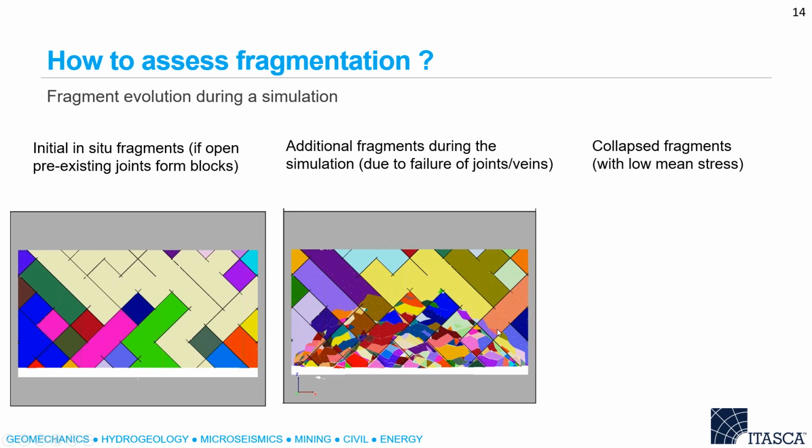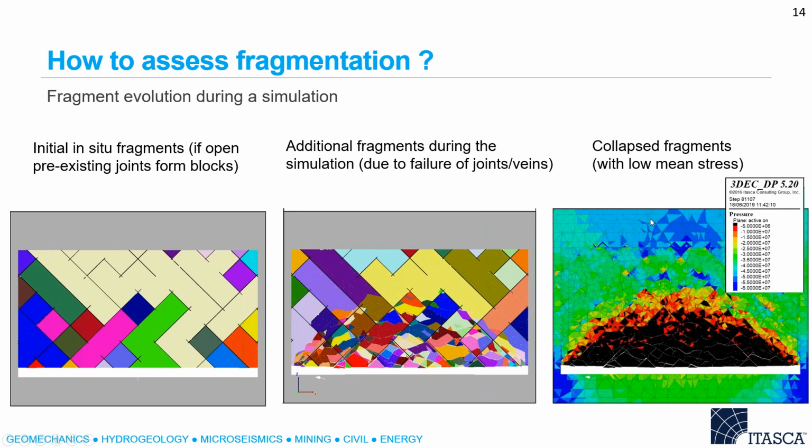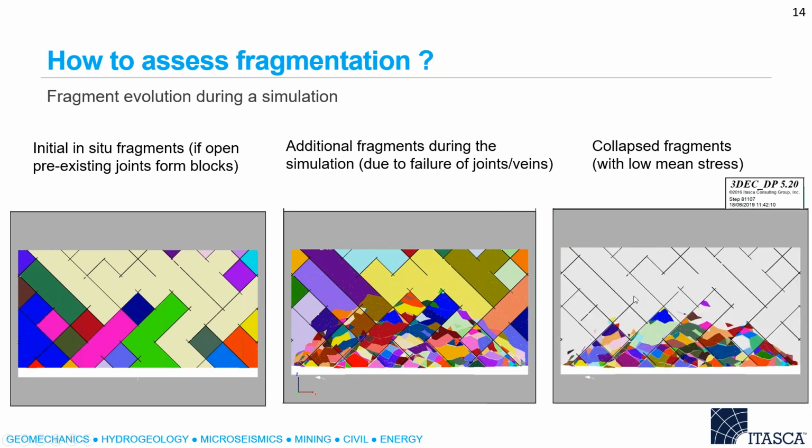So you see here that everything seems to be fragmented, but then to identify between the fragments that are stable and those that will collapse, we can use criteria, for example, based on the mean stress in the model. This is what we did here. So we consider that the collapsed fragments that will actually fall out of the rock mass are those having low mean stress.